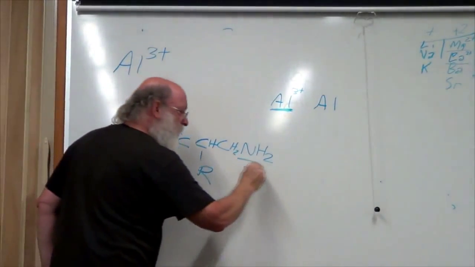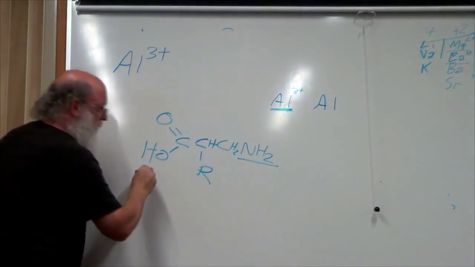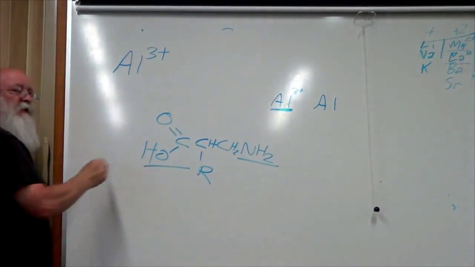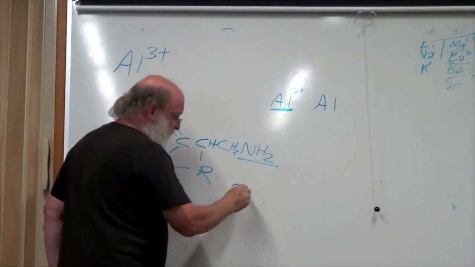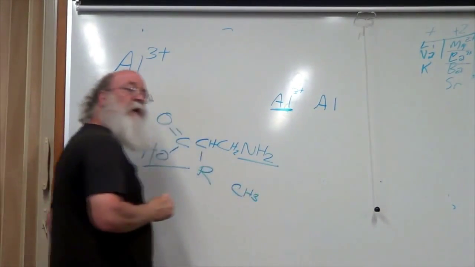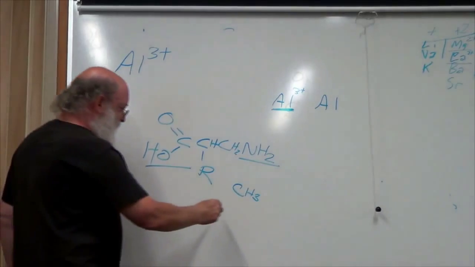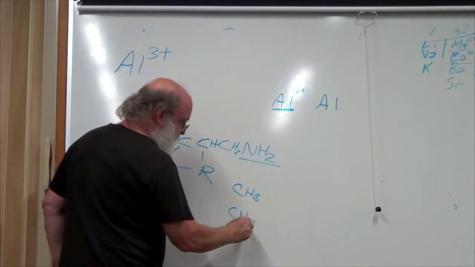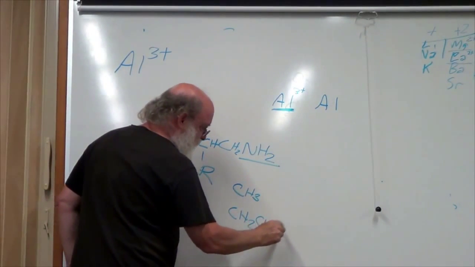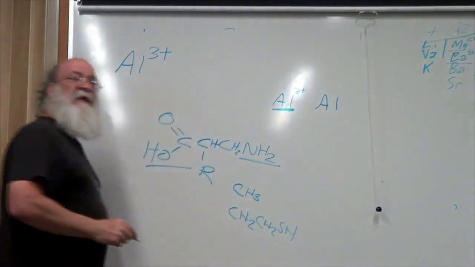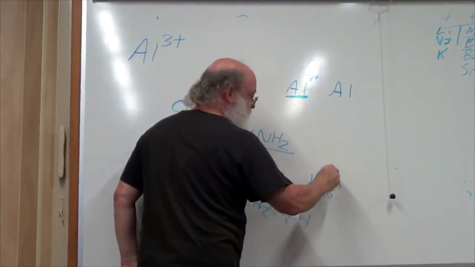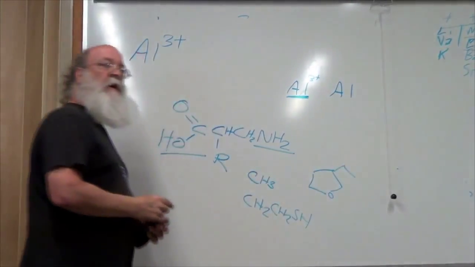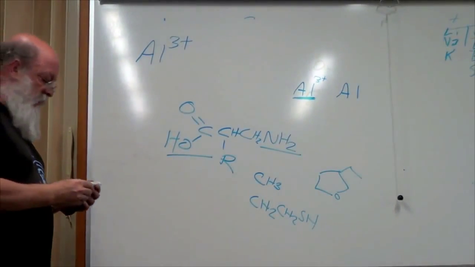So you have your amino side with a nitrogen, your acid side with a carboxylic acid, and you have a side chain, which can be something as simple as CH3 for alanine, or something as complex as CH2, CH2, SH for cysteine, or something with a Daffy ring structure like tryptophan, or several different other things.